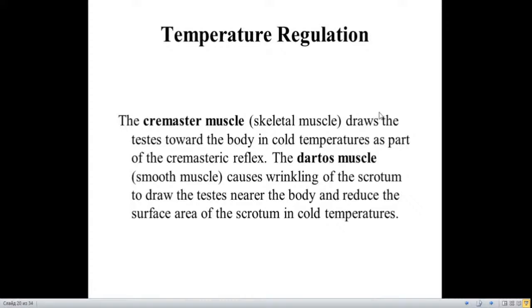Actually, there are two muscles, the cremasteric muscle and the dartos muscle. One of them is skeletal, another one is smooth muscle, and when they contract, they either pull the testis closer to the superficial inguinal ring, which has links with the abdominal cavity, to be warm, or away from the superficial inguinal ring in hot conditions.